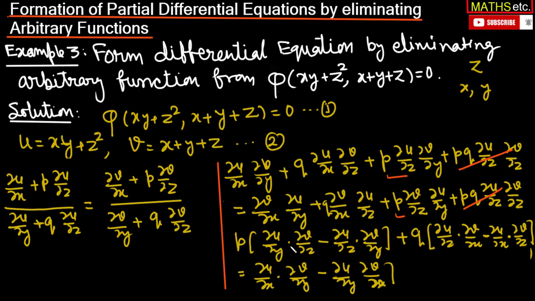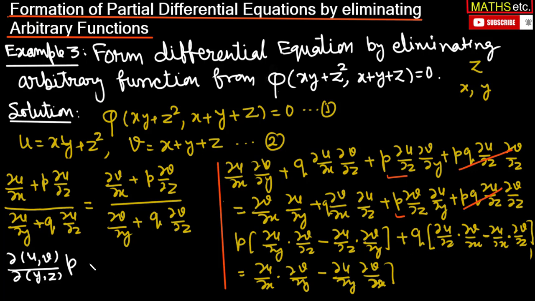All the partial derivative expressions can be written in the form of Jacobians. So this one is nothing but the Jacobian of uv with respect to yz. So we have the Jacobian of uv with respect to variables yz multiplied by p.